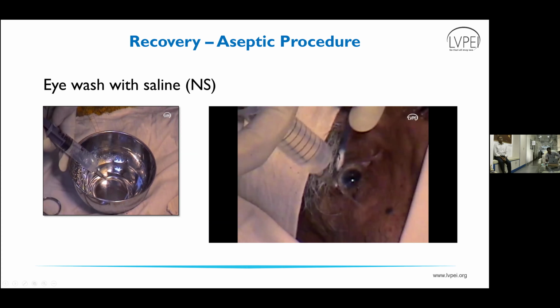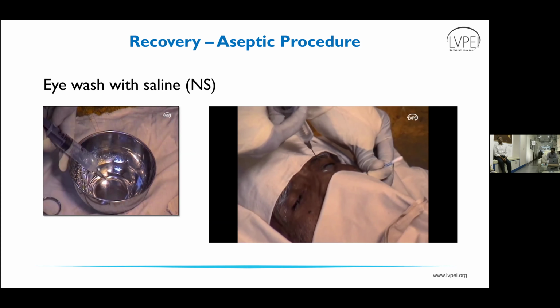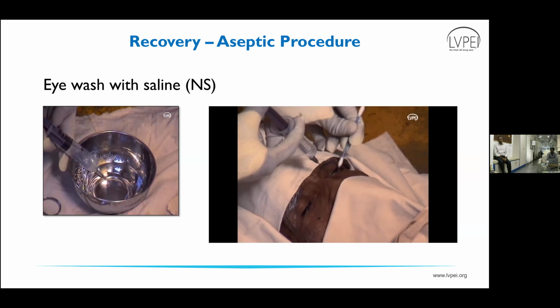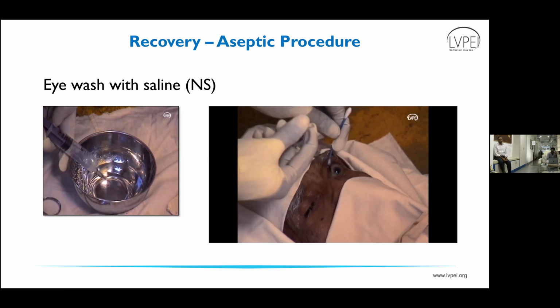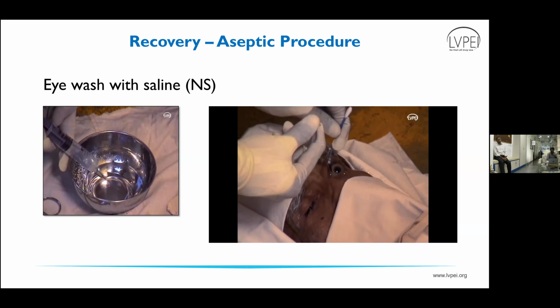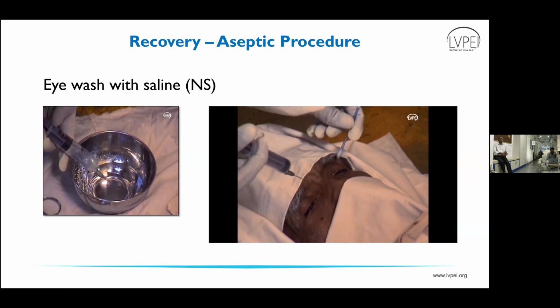So after 5 minutes, use another sterile 10 cc syringe and grasp about 10 ml of normal saline, come to the donor and start cleaning the eye with normal saline, the same way we did initially. First flush the lower conjunctival sac and then the upper conjunctival sac, then again over the cornea.